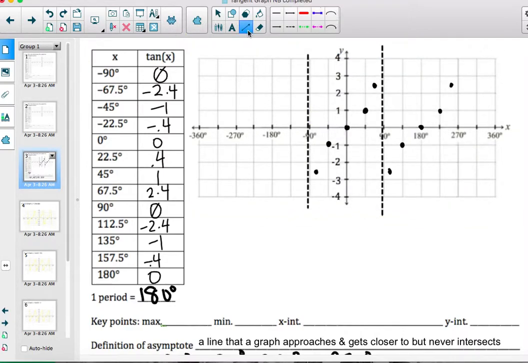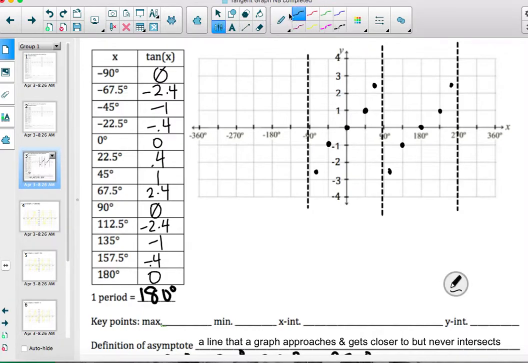And excuse my jerkiness here as I'm trying to graph these. Okay, so the curve that we're going to have, the parent graph for tangent, is going to kind of curve up towards this asymptote. I missed that point a little bit. And curve down towards this asymptote. Okay, and then we're going to curve up. And we're going to curve down.